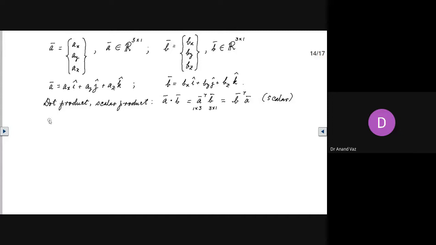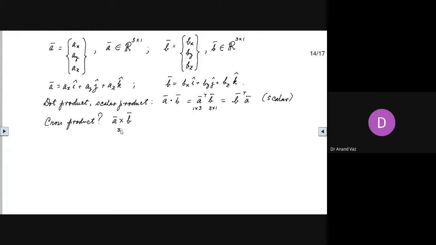Now, what about the cross product? That means, suppose we are interested in A cross B. This we know is a 3 by 1 because we know that A cross B is a vector.